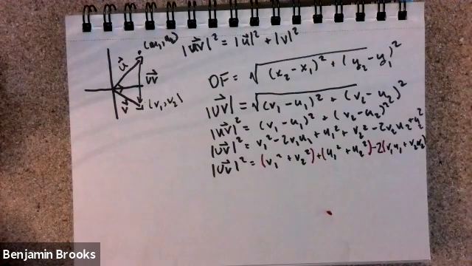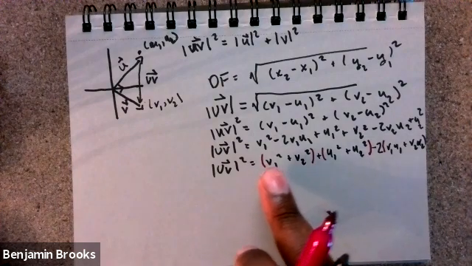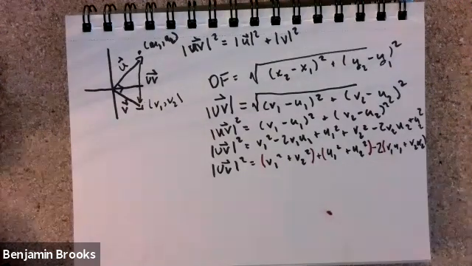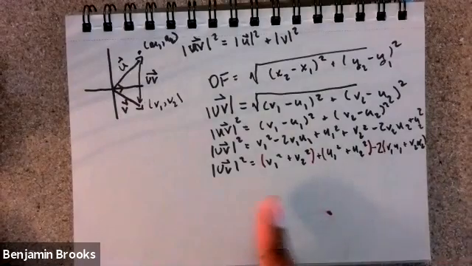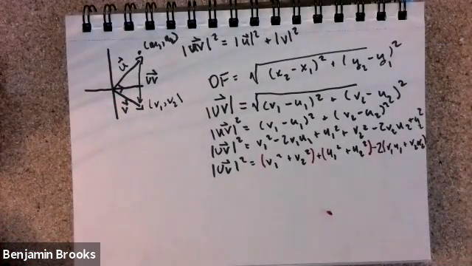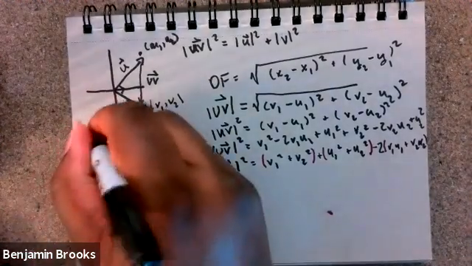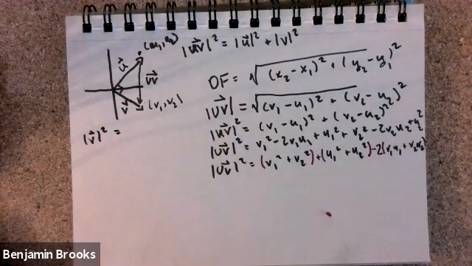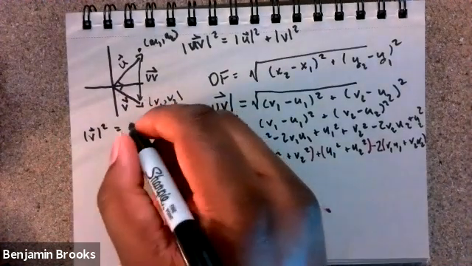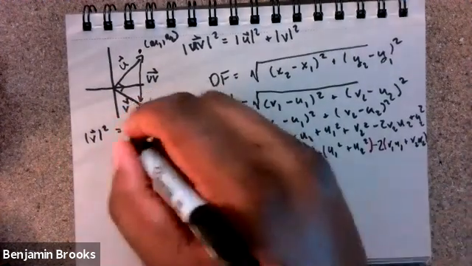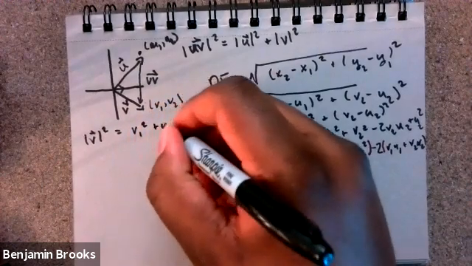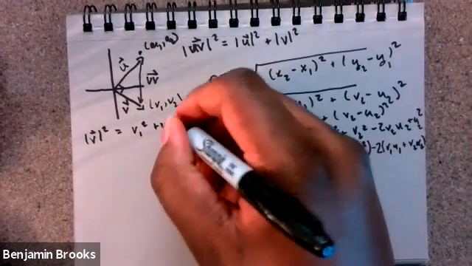All right, boom. So that said, this should look really familiar. v1 squared plus v2 squared, because that's what the magnitude of v squared is. I mean, think about it. The magnitude of v squared is just the sum of its components, v1 squared plus v2 squared.